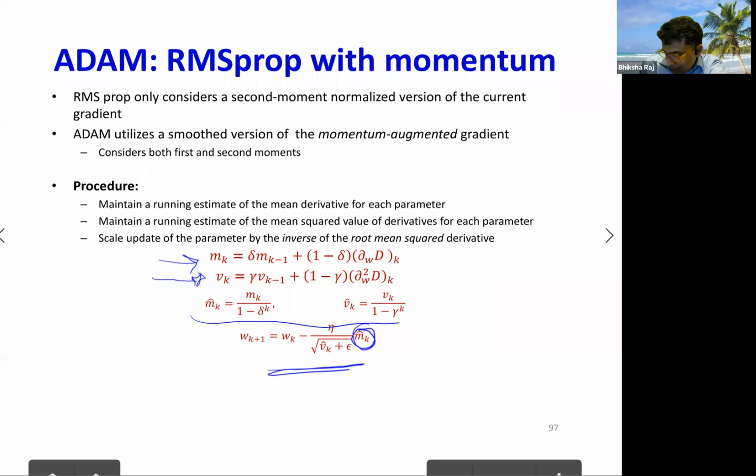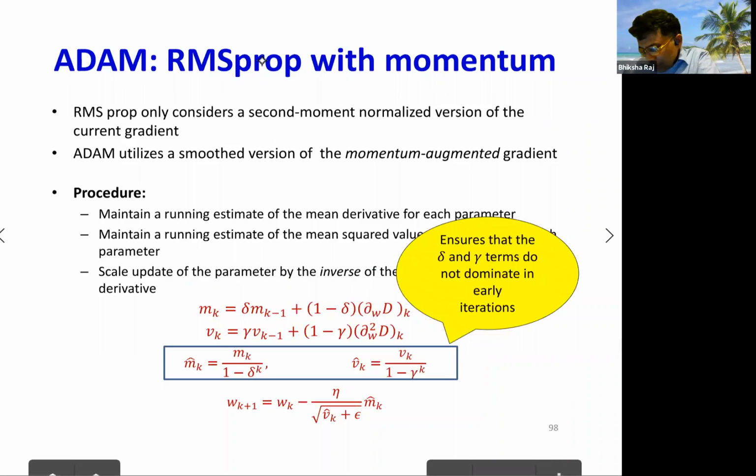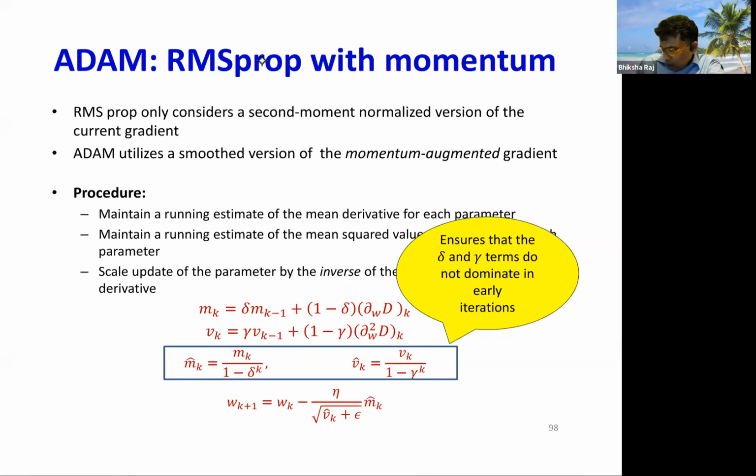Now there's some magical thing going on over here in between. And what is this odd magical thing? That's simply a way of making sure that things don't blow up. So typically, when you maintain these running averages, these gamma and delta are going to be very close to 1.